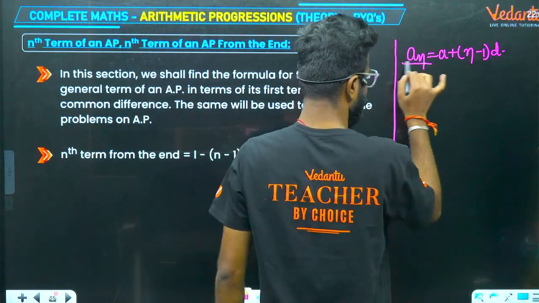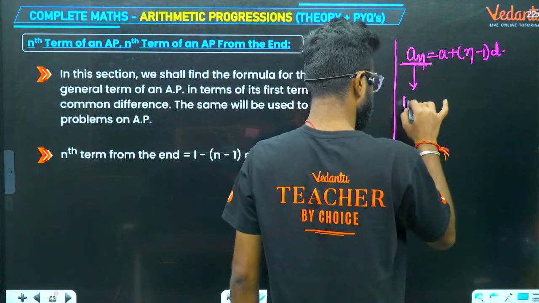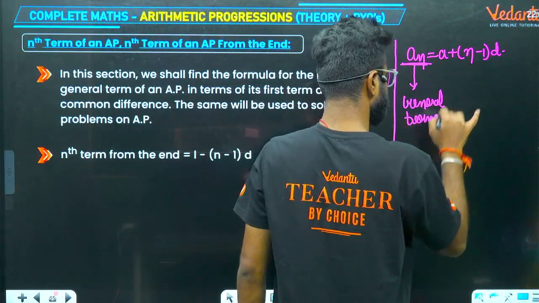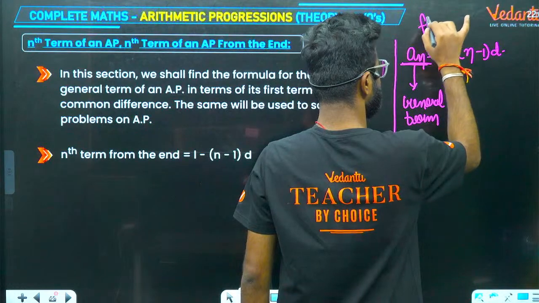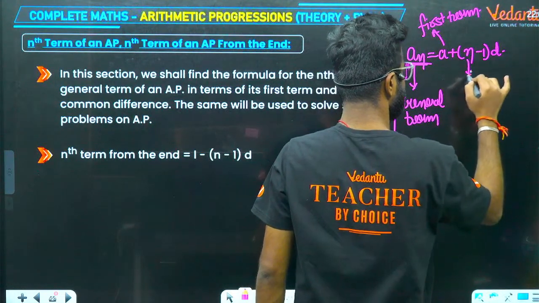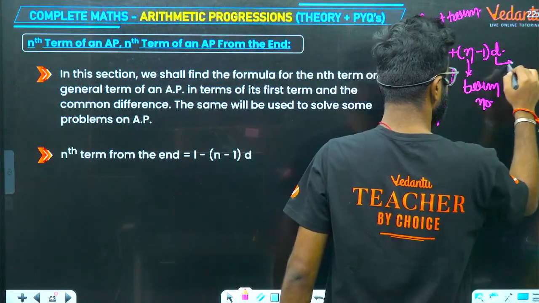Here an is the nth term of an AP or general term. A is your first term. N is the term number. And d is the common difference.